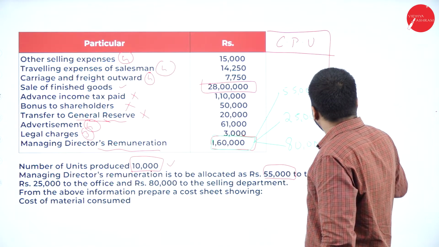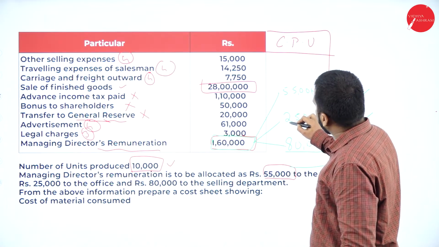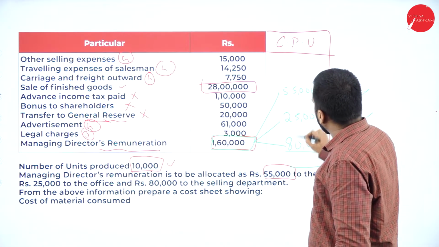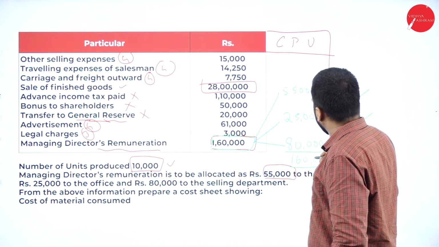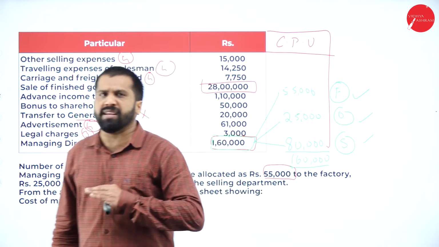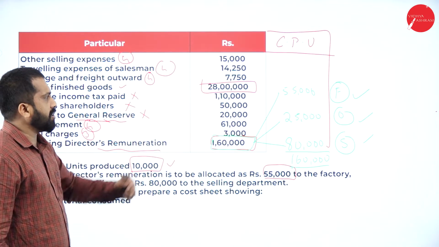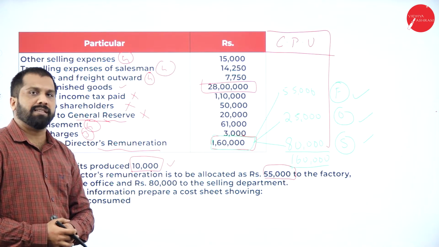What is the total? 80 plus 25 plus 55, that is 1 lakh 60,000. Hope you are clear. So we got complete information now. We got 1 lakh 60,000 as your total managerial remuneration.